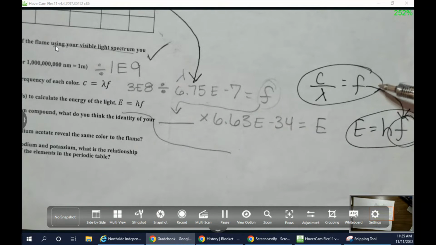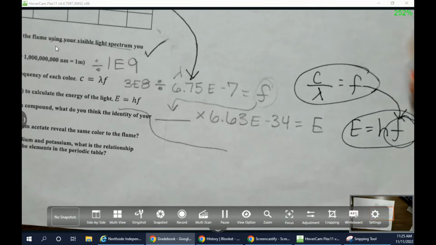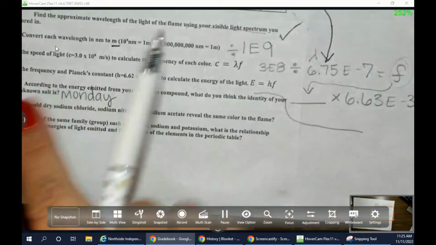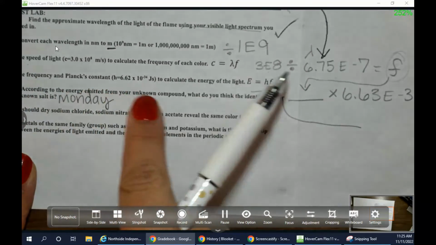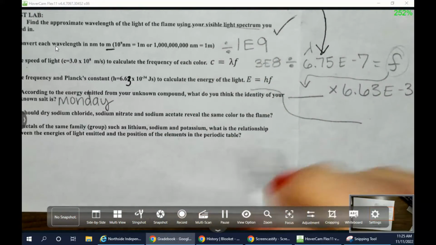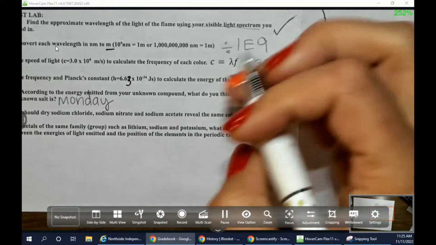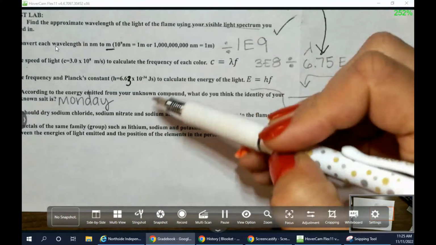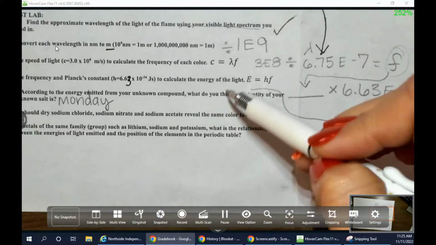Once you get your frequency, then you're doing number 4. Number 4 says, use frequency and Planck's constant, and there's Planck's constant right there. I'm okay with you changing that to 6.63 to match up with your periodic table number. You're going to use Planck's constant to calculate the energy of light.